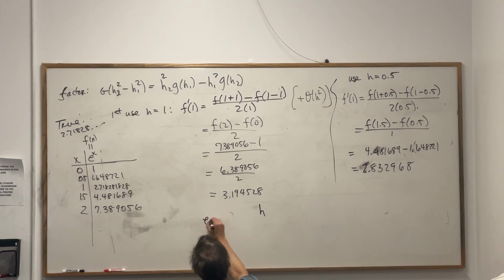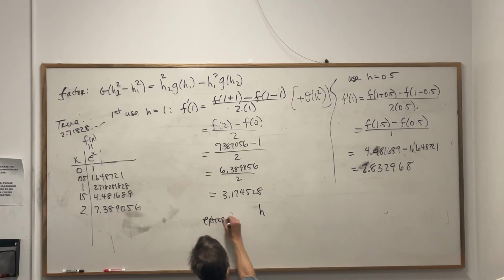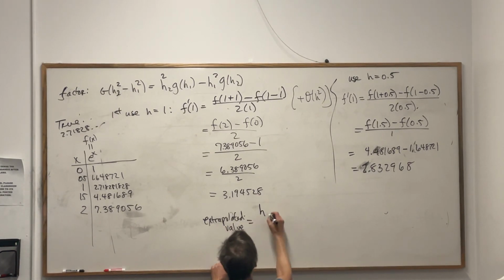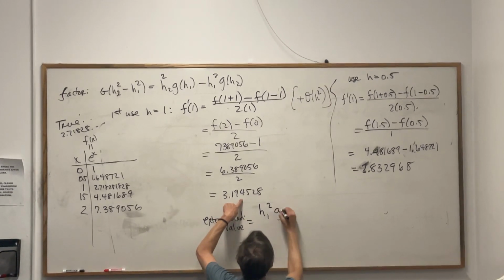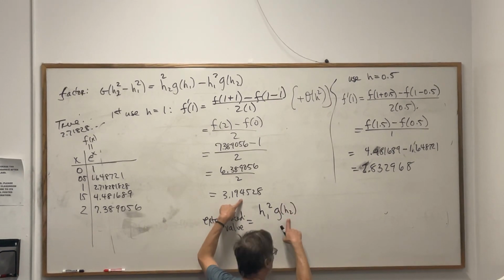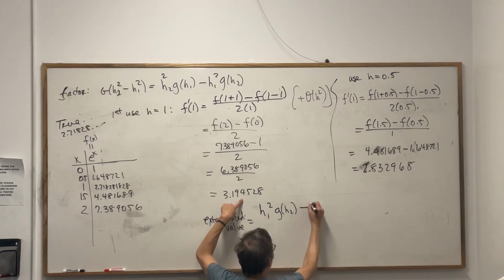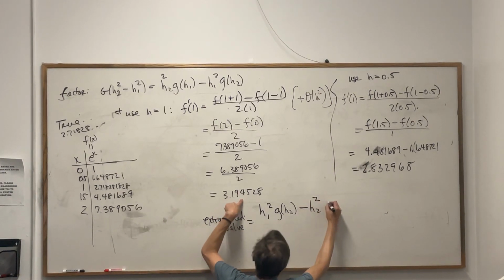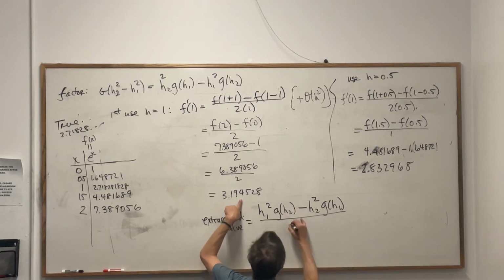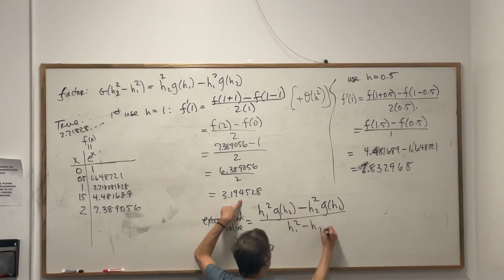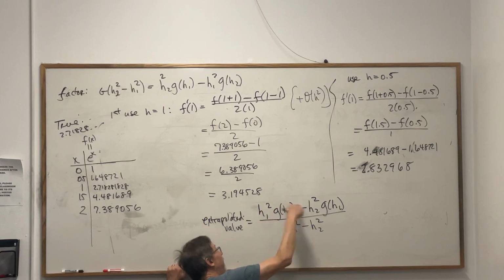The extrapolated value is going to be h1 squared times our approximation using the second step size, minus the second step size squared times our approximation using the first step size, over the same, these things squared, the same difference.